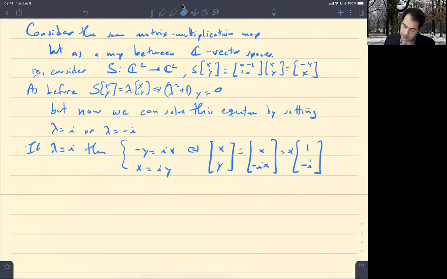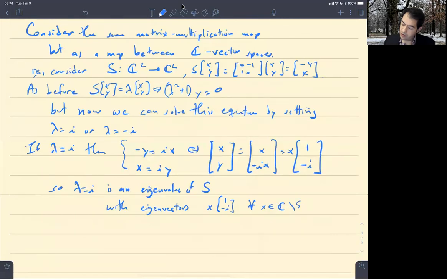So lambda equal to i is an eigenvalue of S with eigenvectors x times (1, -i) for every x in the complex numbers that's not equal to 0.